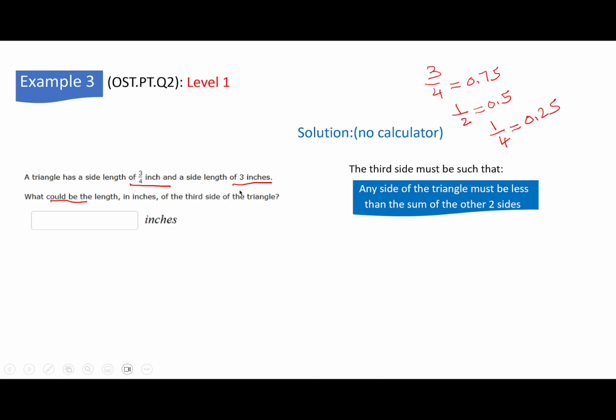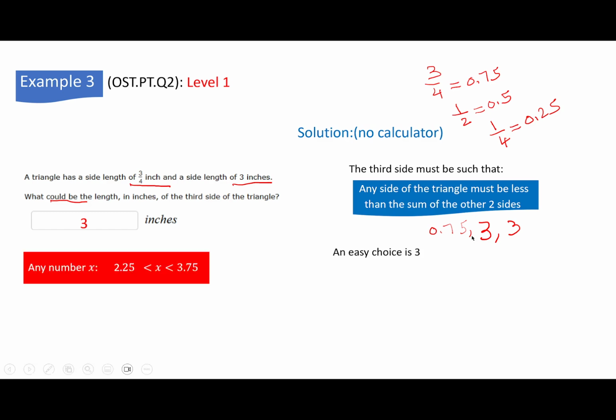With the hint I gave you, take 3 as your choice. So you will have 0.75, 3, and 3. And that would answer the question. If you want to find all the possible answers, x between, you add these two together, that's 3.75. You subtract them, 2.25.